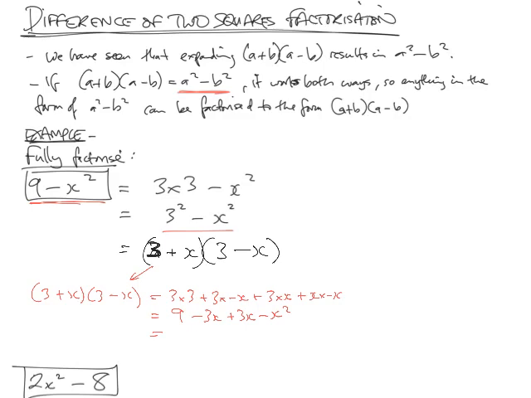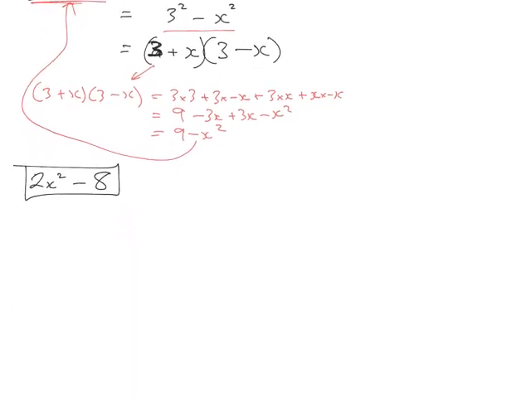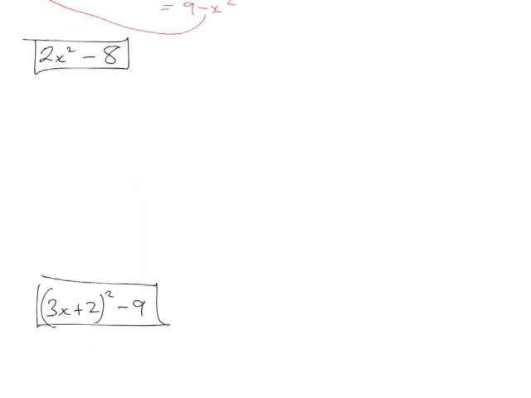Negative 3x and 3x cancel out, so it's 9 take x squared, which is the same as before, so you can confirm that that rule works. That is the opposite of difference between two squares expansion. That's difference between two squares factorization. That's the first example. It gets a bit more tricky now.